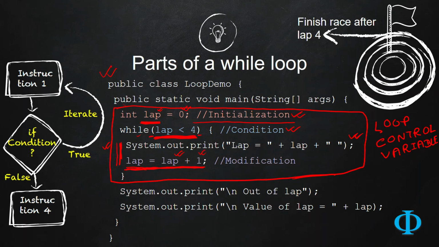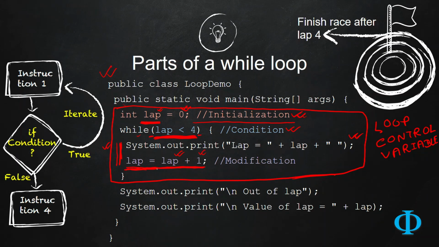So in any loop, there are three different parts. The first one is initialization: how the loop variable will be initialized, from which value of the loop control variable you should start executing the loop, or enter the loop. Then the condition, which decides how long you are going to stay inside the loop.